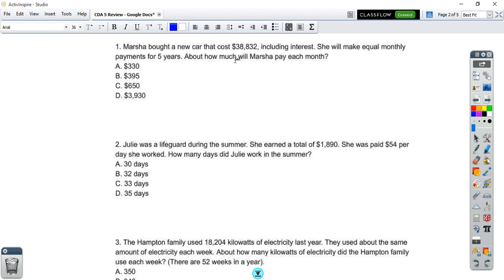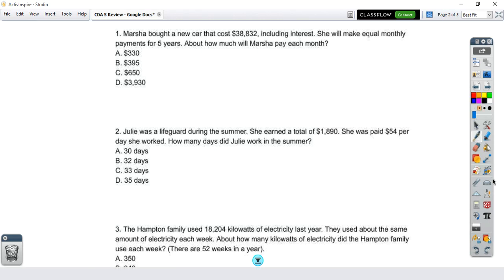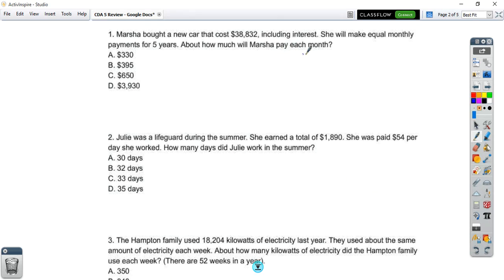The observation is that we've got how many months in 5 years? 5 years is equal to 5 times 12, which is 60 months.